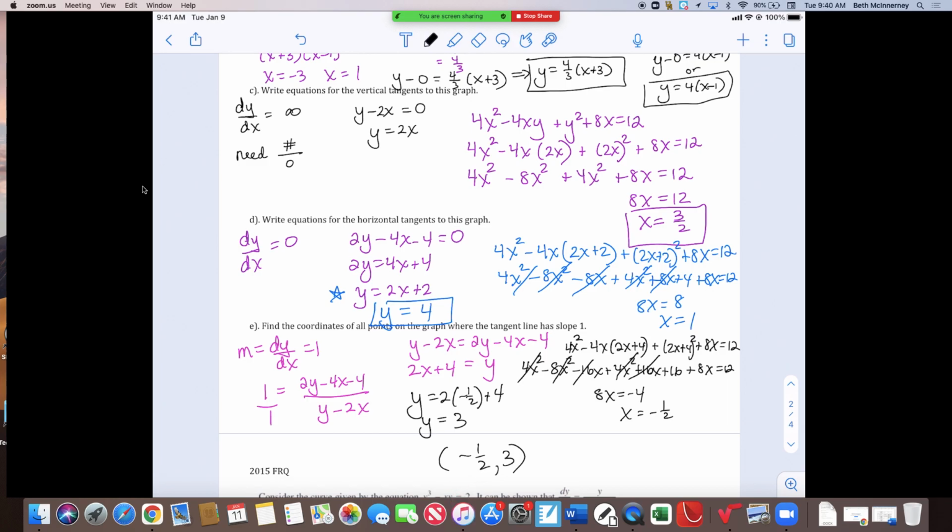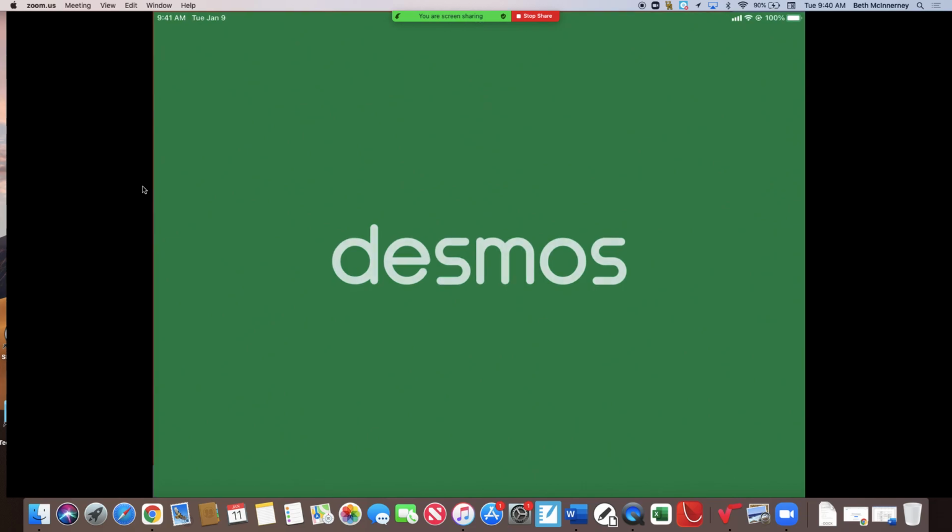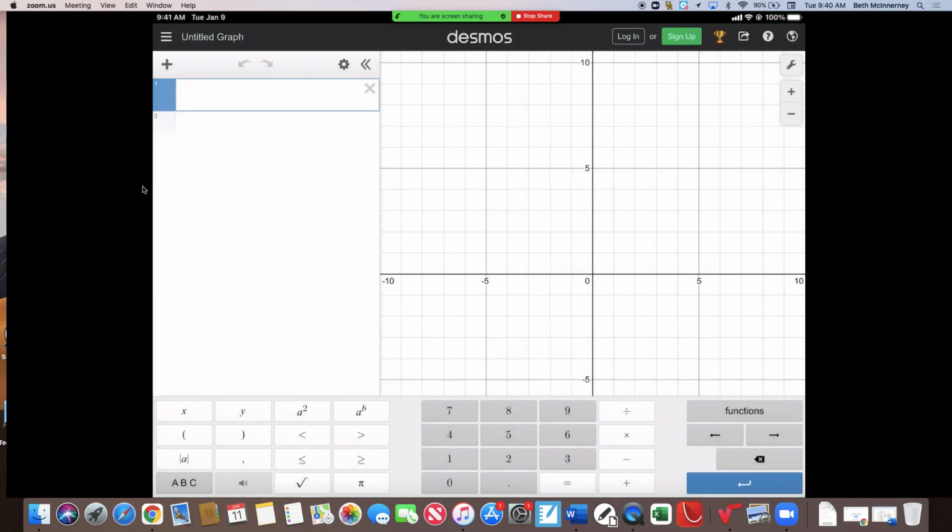All right, let me see if I can pull up Desmos. Let's see what will happen if this will graph it this way. I don't know if it will. We're going to just give it a whirl. Oh, it does.